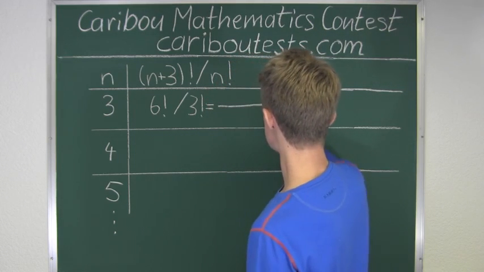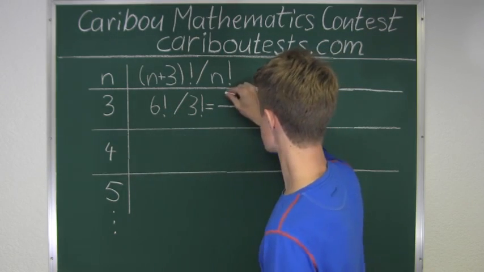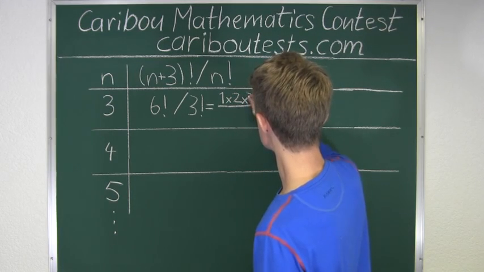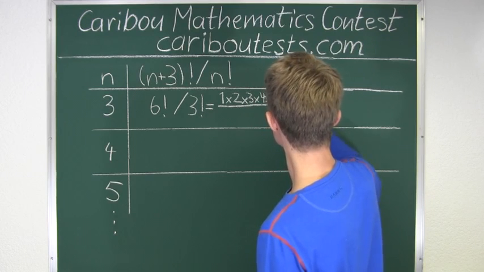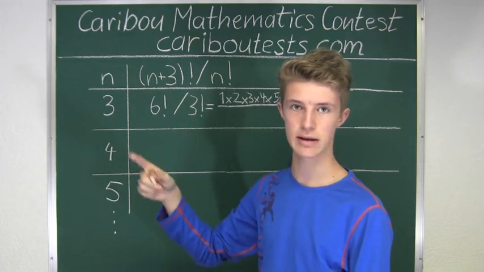So this is equal to 1 times 2 times 3 times 4 times 5 times 6, divided by 3 factorial, which is 1 times 2 times 3.